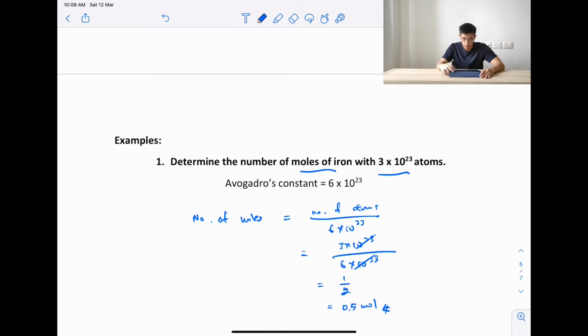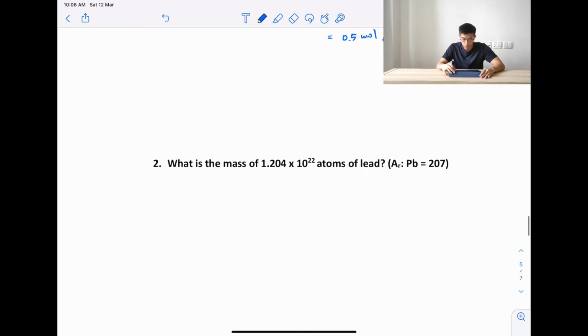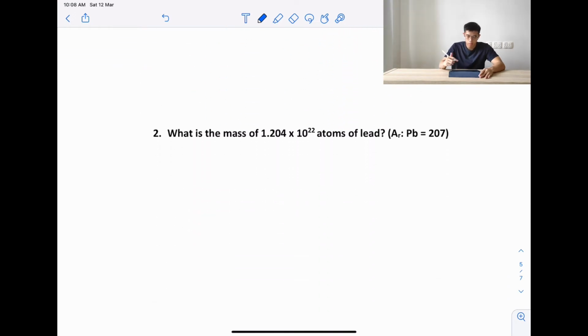Okay, so now let's go on to the second example. What is the mass of 1.204 times 10 to the power of 22 atoms of lead? So first, we need to determine the number of moles.